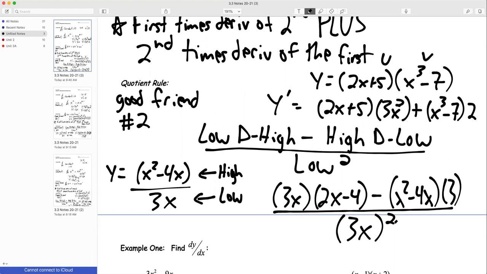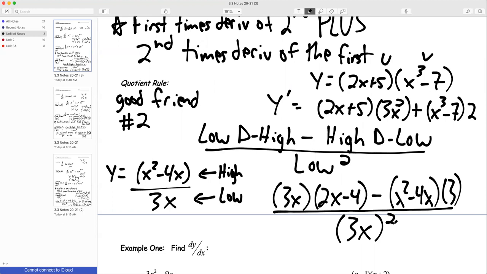For example, do I need parentheses around the 2x minus 4? Only if you want to get it right, right? Because it's D hi, it's the entire derivative of the high. If you leave off the parentheses, then it's just 3x times 2x, and then you're subtracting 4, and that's not correct. This has to be negative.